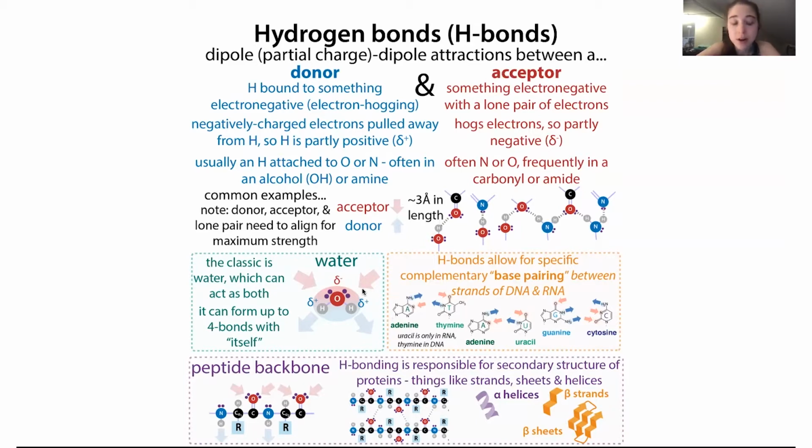In the case of water, you have two lone pairs that can act as acceptors and two hydrogens that can act as donors. So each water can form 4 hydrogen bonds, and you get these big networks of water. When you freeze the water, it wants to maximize all those hydrogen bonds, so you end up getting the water expanding, because when it's freezing, it's maximizing all of those angles.